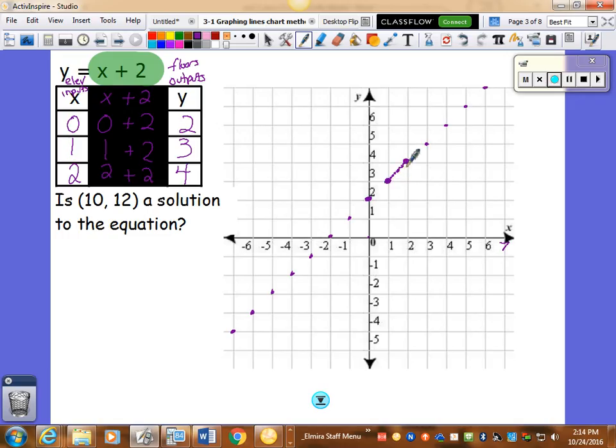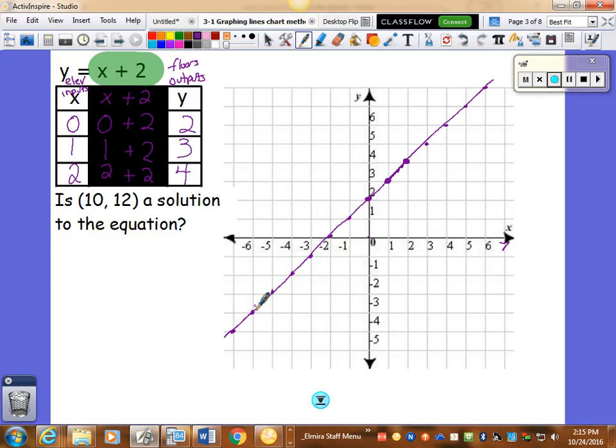As I draw more dots in between them to represent all the fractions and decimals that it can be, you can see that the dots connect to form a line. So I'm just going to connect these with a line to show that between each dot, the decimal values in between all are represented.